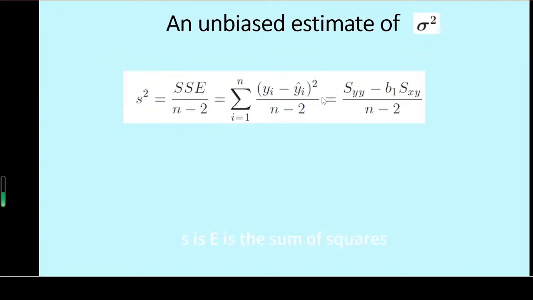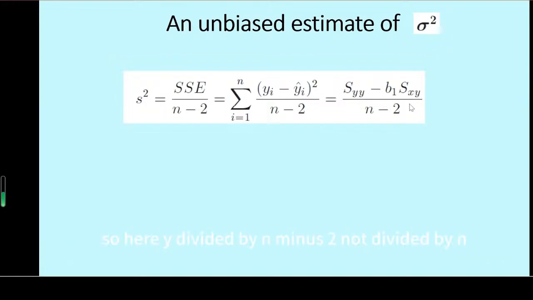SSE is the sum of squares of y minus y hat, where y hat is b0 plus b1 times x, right? So SSE divided by n minus 2 equals S square. And SSE also equals Syy minus b1 times Sxy, where b1 is the linear regression coefficient estimate.